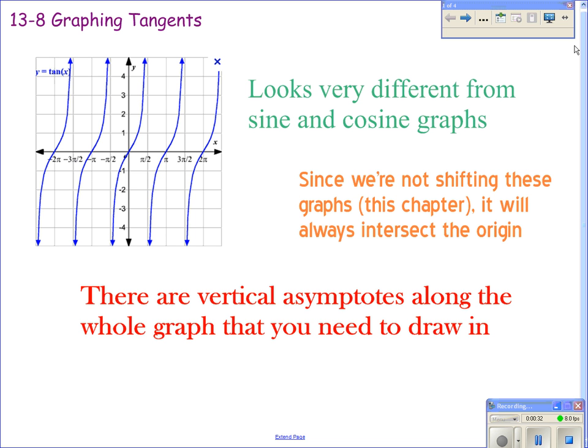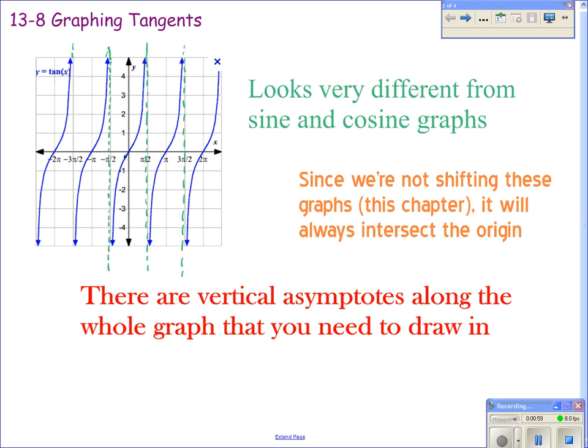So they're always going to intersect right at the origin. So you always know that it's going to cross right through the 0, 0. There's also these vertical asymptotes that I want you to draw in on the graph. Remember, an asymptote is a line that the graph is going to get closer and closer to, but never ever touch. And these also repeat at equal intervals.